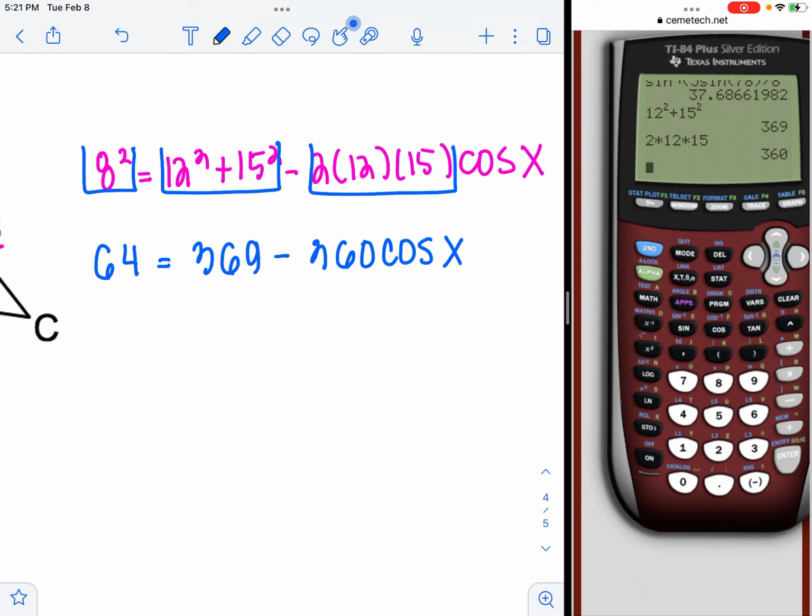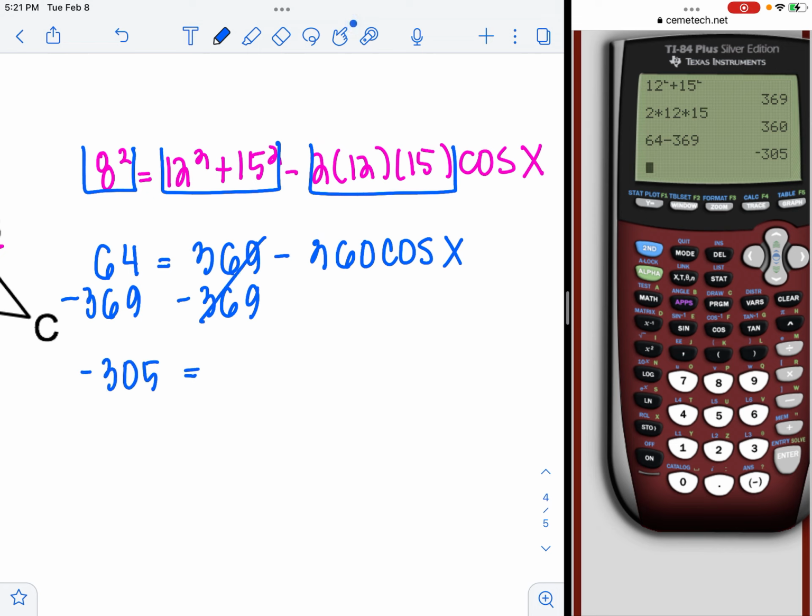All right, remember, don't do 369 minus 360. That's not how algebra works. Subtract 369 from both sides. I have 64 minus 369 is negative 305 equals negative 360 times cosine of x.